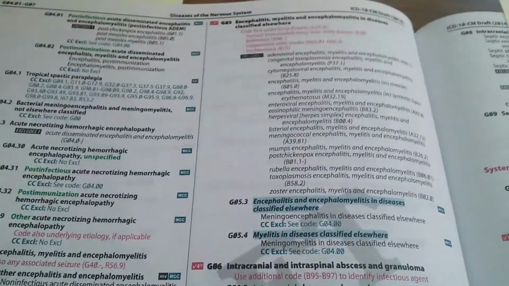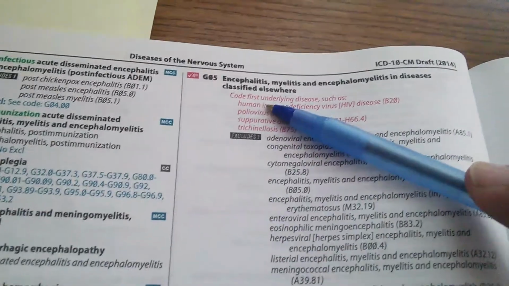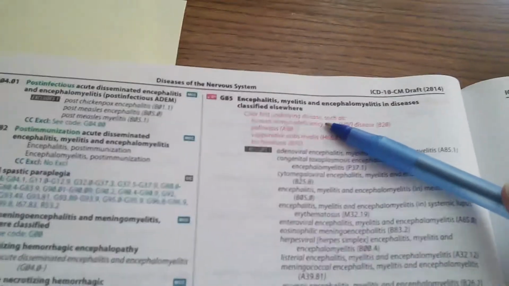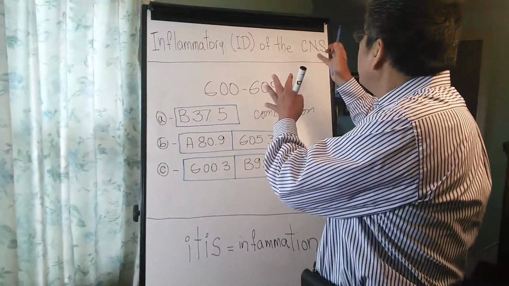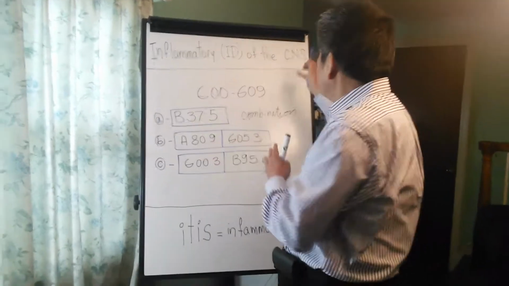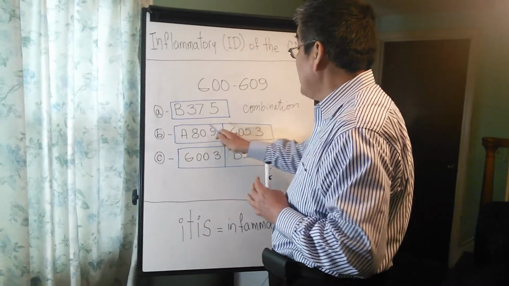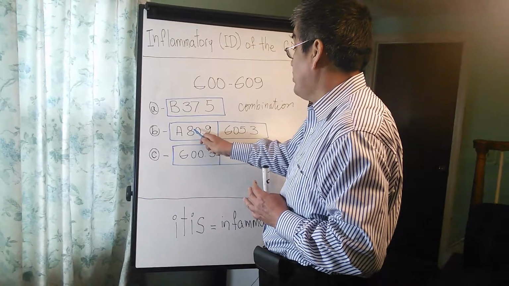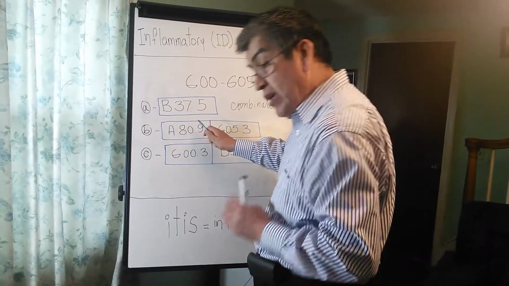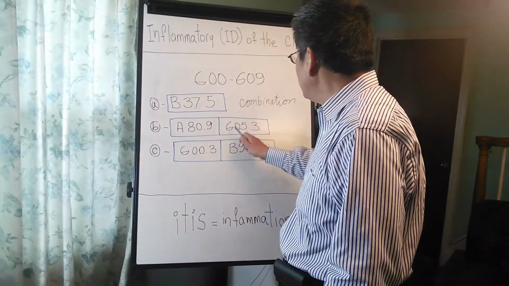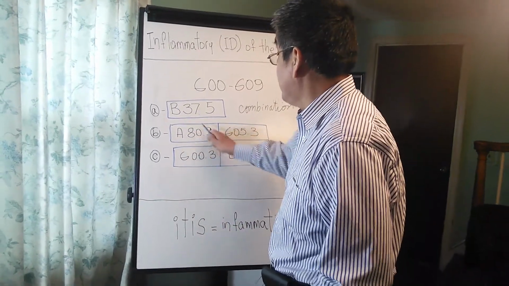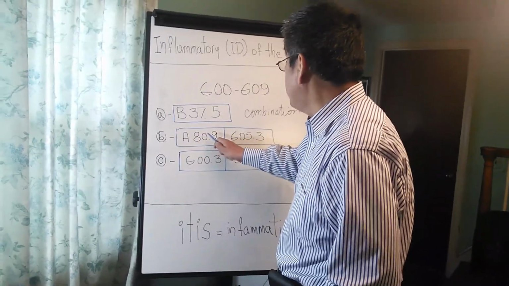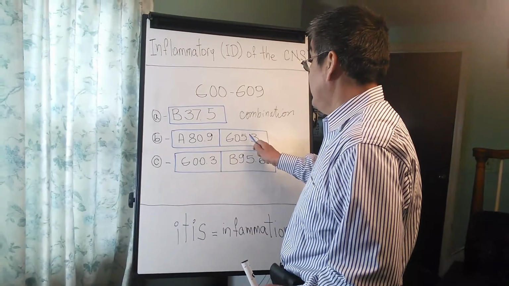Now, what you see here, it says code first underlying disease, right? So this is the code for the part that affects the central nervous system, and this is the underlying disease or the bug that caused the problem, right? In this case, encephalitis is this, and the virus is this here. So you code the virus first, and then the encephalitis, right?